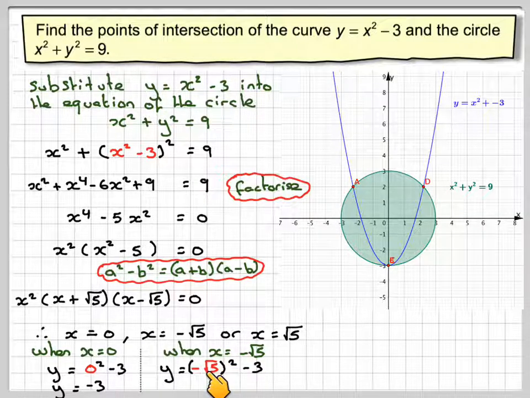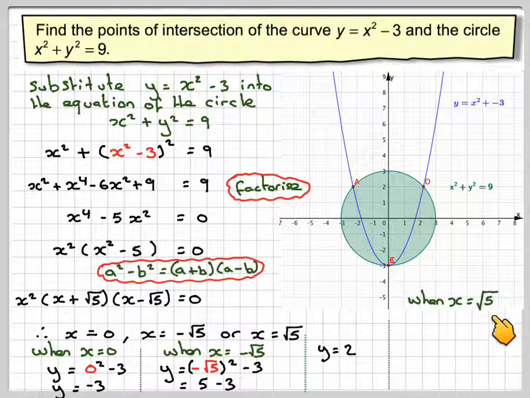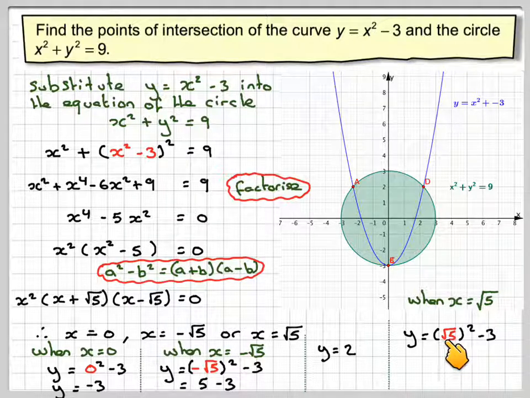If you square a square root, we just get 5 minus 3, which is 2, so that gives me that point there. And when x equals root 5, we get y equals root 5 squared minus 3, so 5 minus 3, which gives me 2, that point there.